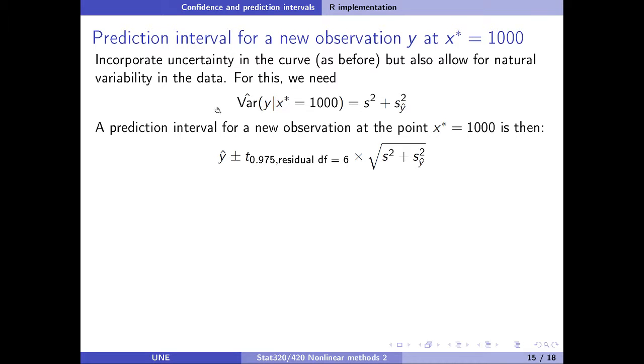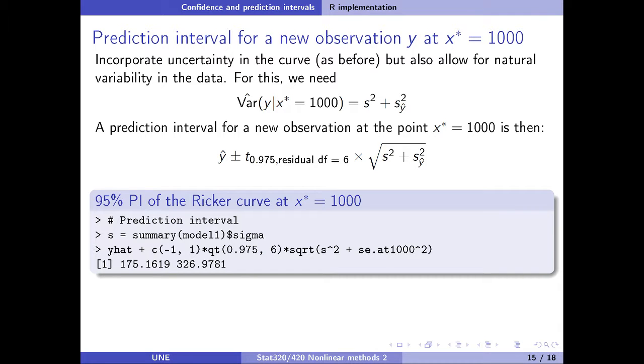So the estimated variance for y at a new observation x star equals 1000 has a component for the natural variability, s squared, plus a component for the uncertainty in our curve, s of y hat squared. And so the prediction interval for the new observation, just like in simple regression, will be y hat plus or minus our appropriate t-statistic times the square root of s squared plus s of y hat squared.